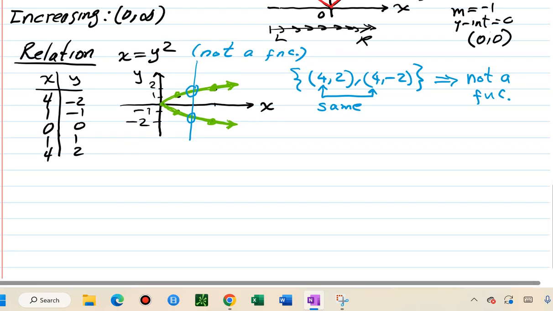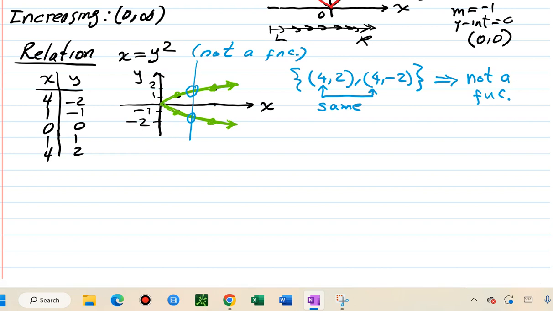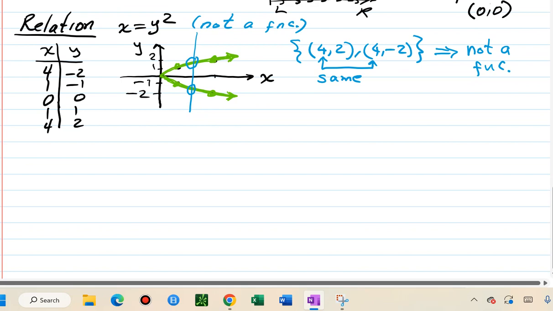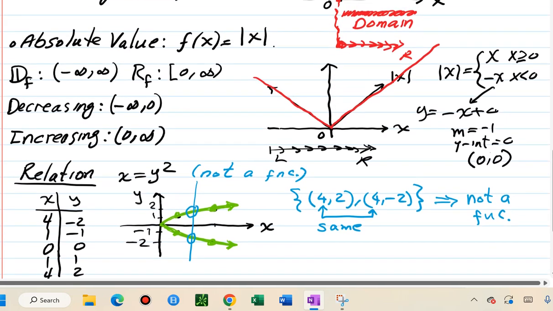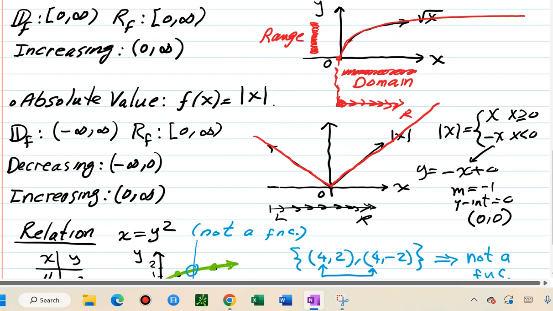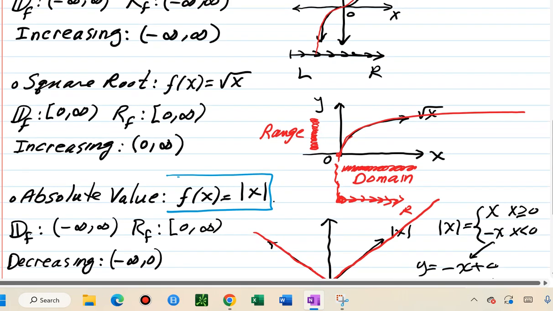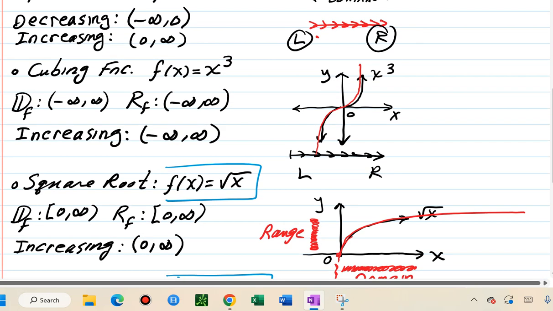Now the other thing here, these are really the basic functions I wanted to talk about, but let me go back up here and actually try to box these. So here's one. Here's the other one, the square root function.